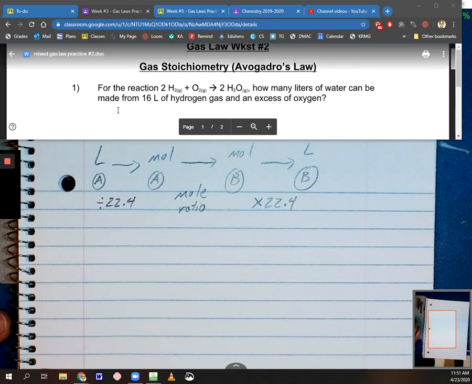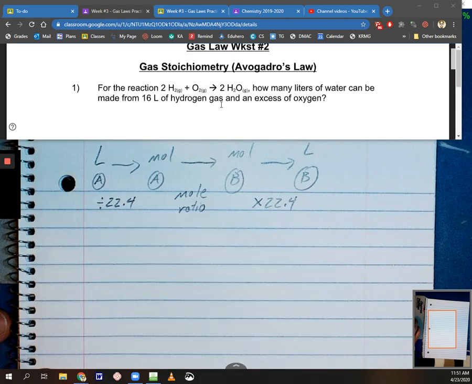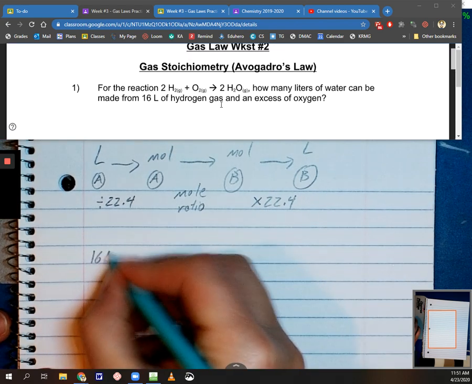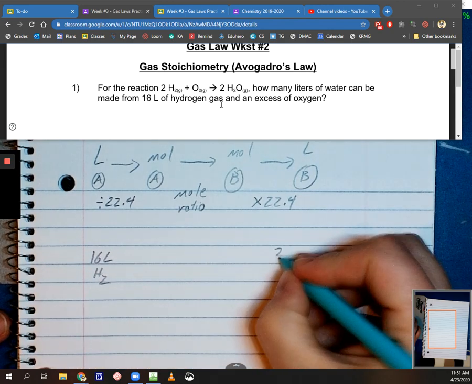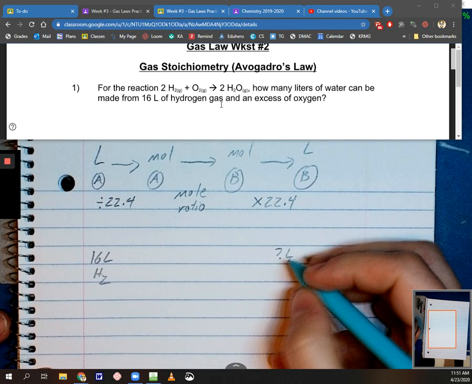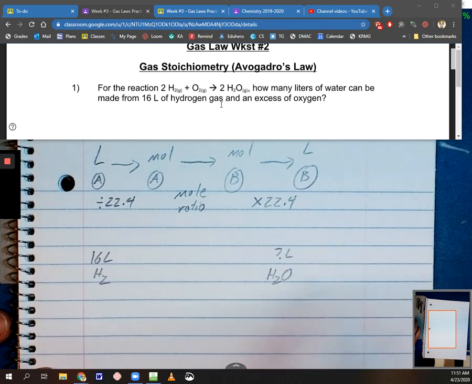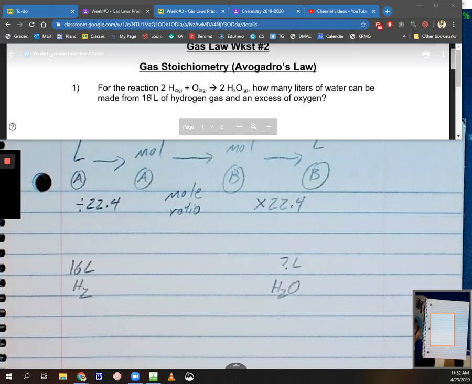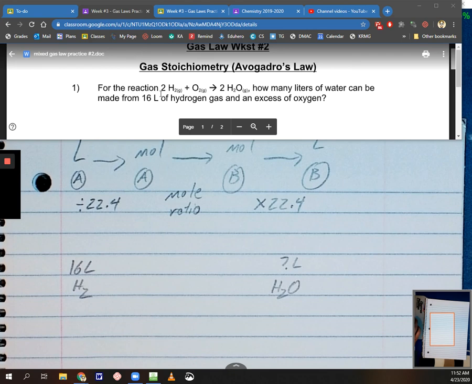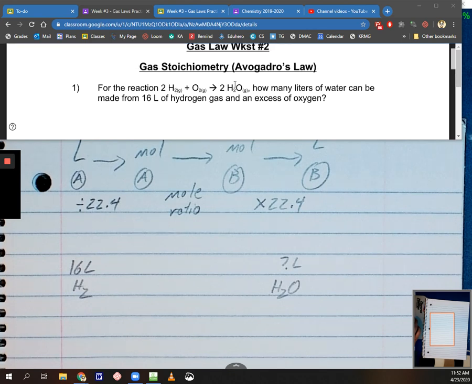Take a look at problem number 1. It says for this reaction, how many liters of water can be made from 16 liters of hydrogen? So you're starting out with 16 liters of hydrogen, okay? You are trying to find liters of water. If you look up at your balanced equation, the ratio of hydrogen to water is 2 to 2.